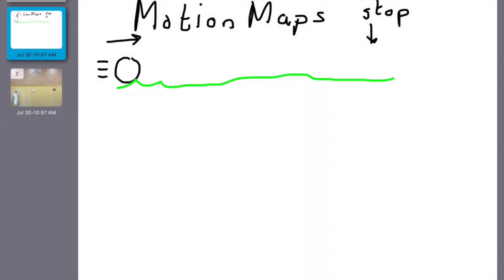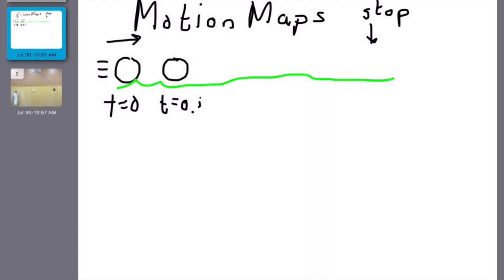A motion map is a way of, think of it like a strobe light. A strobe light lights up once every certain amount of time, a fraction of a second. So maybe here's t equals 0 seconds, and let's look at it every tenth of a second. Maybe after a tenth of a second, it's there. Well, it's slowing down.